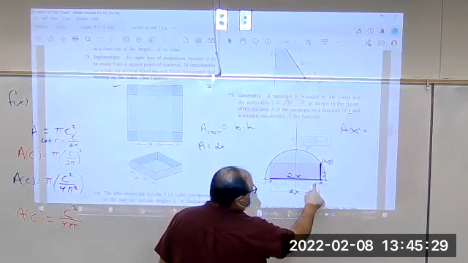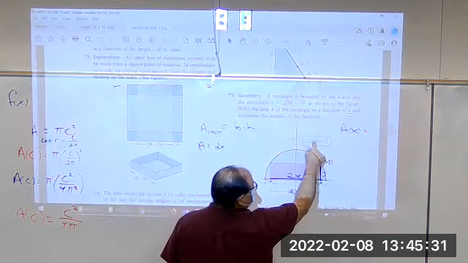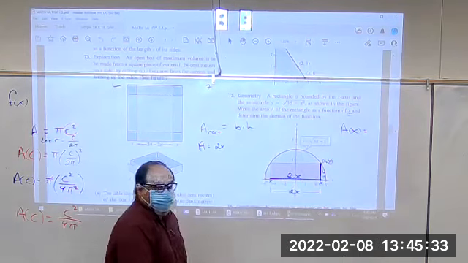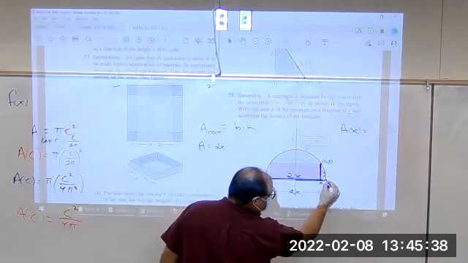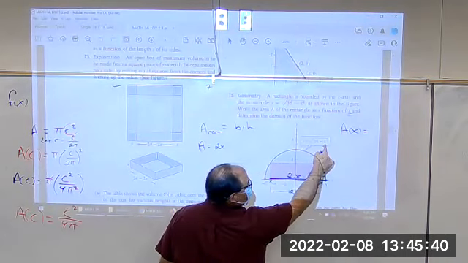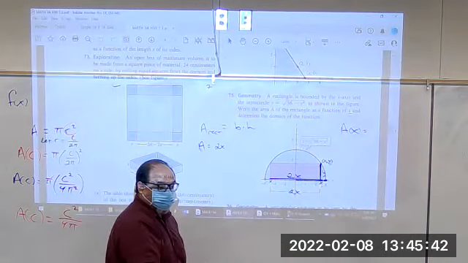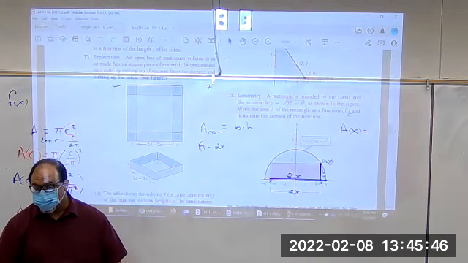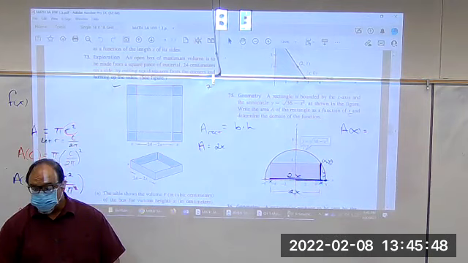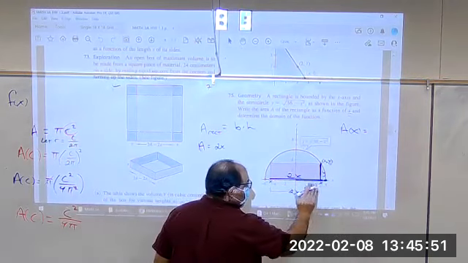You plug in 4, 36 minus 16, so it's going to be square root of 20. When you plug in 6, at that point, 36 minus 6 squared, the height is 0. You don't have a rectangle at all. So the height is whatever y is.